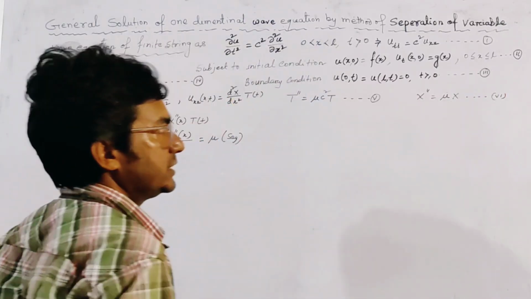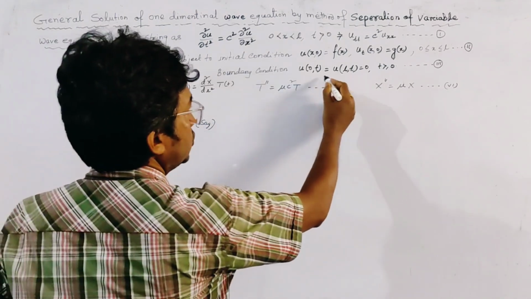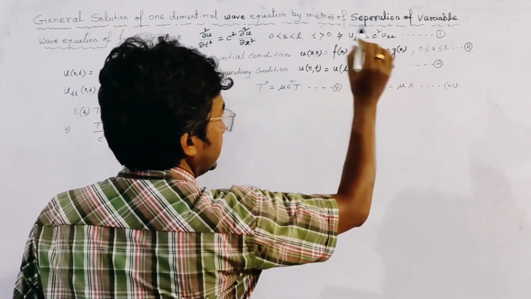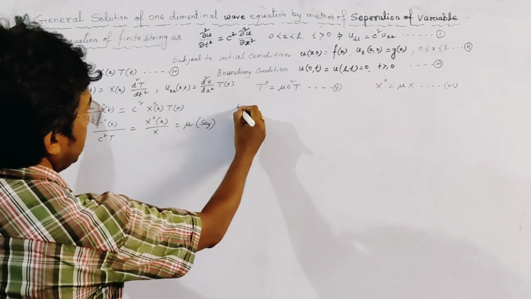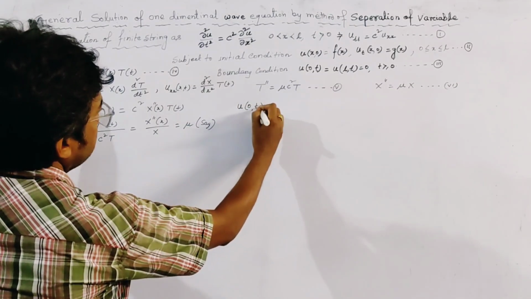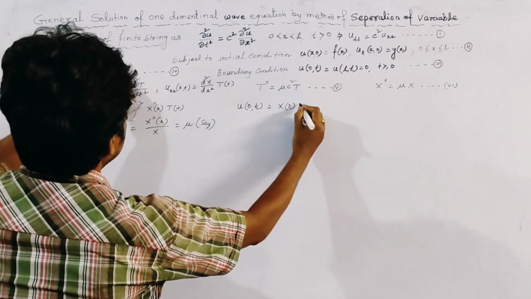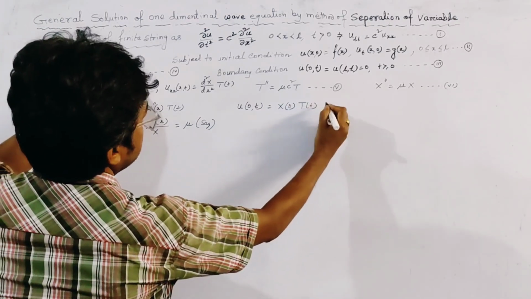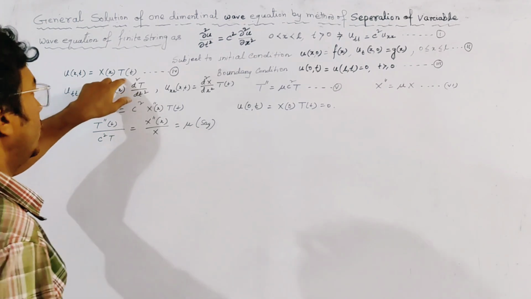number 6. Now using the boundary condition 3 in 4, we get u(0,t) equal to X(0) T(t) equal to 0, as given in the boundary condition.